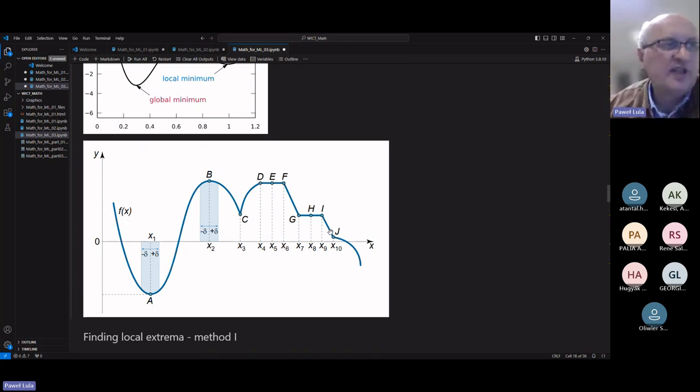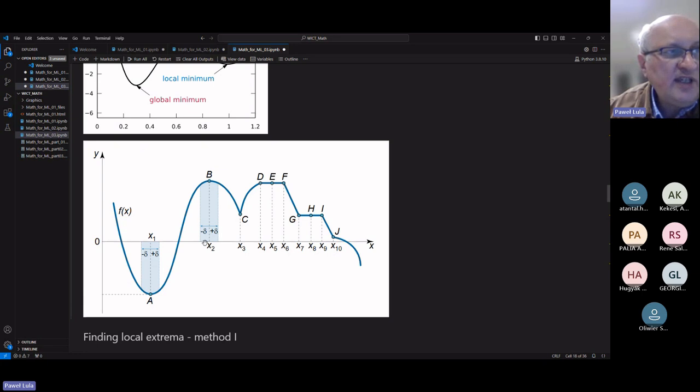We are now talking about local maximum. So, for example, in this x2 point, we have a local maximum if this value b is the biggest for all x belonging to a small neighborhood of the x2 point.